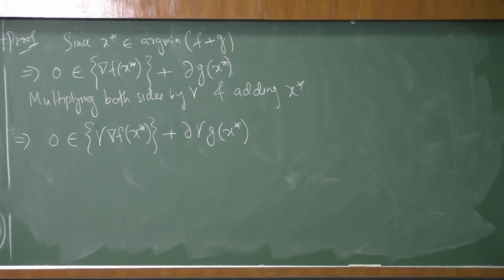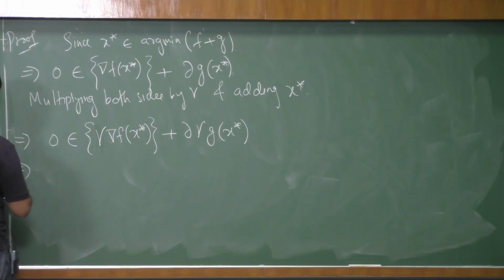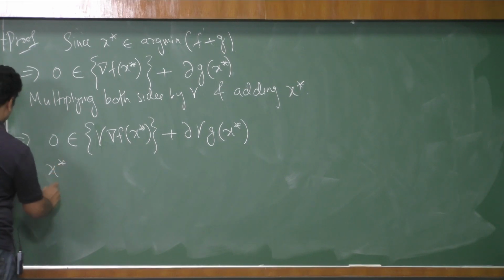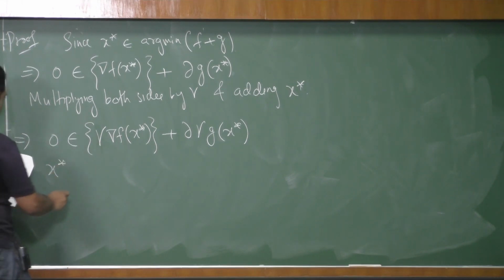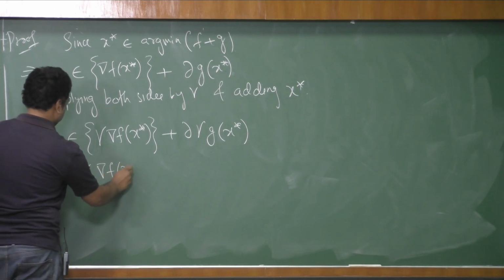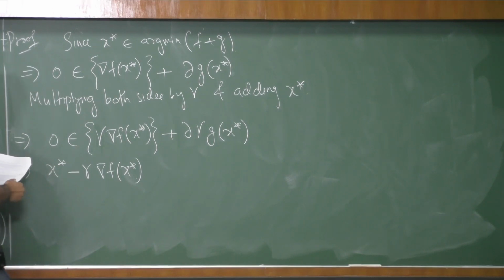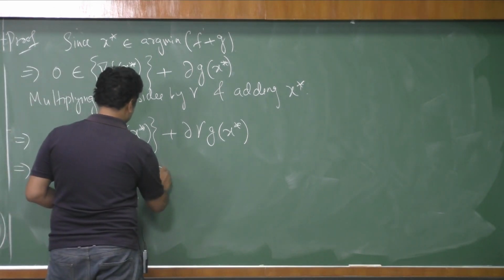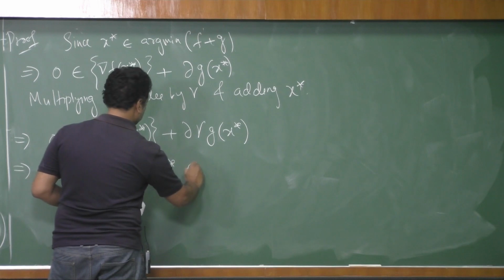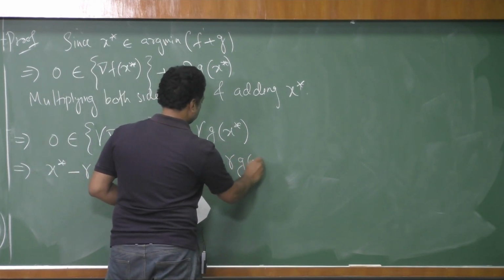So I add and subtract x star, and this should be in the subdifferential of gamma g at x star.